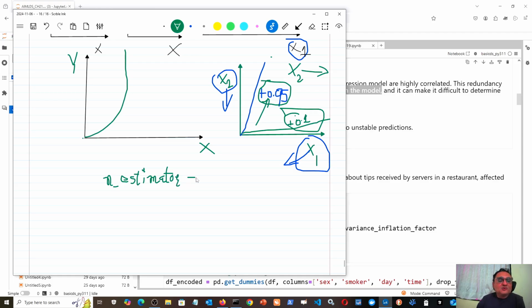Now if I have number of estimators 100, and next time I keep everything else the same, my data is the same, my other parameters are also the same, but next time I keep number of estimators 200. So the forest is made bigger, 200 decision trees are present. Then just this small change from a 100-tree random forest to a 200-tree random forest will change the model performance totally.